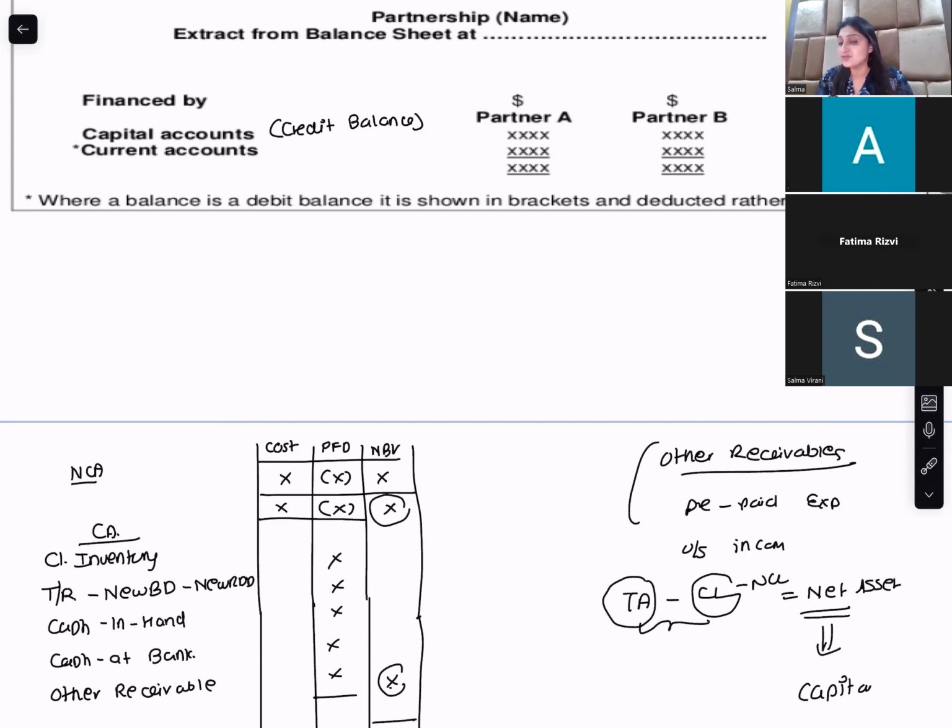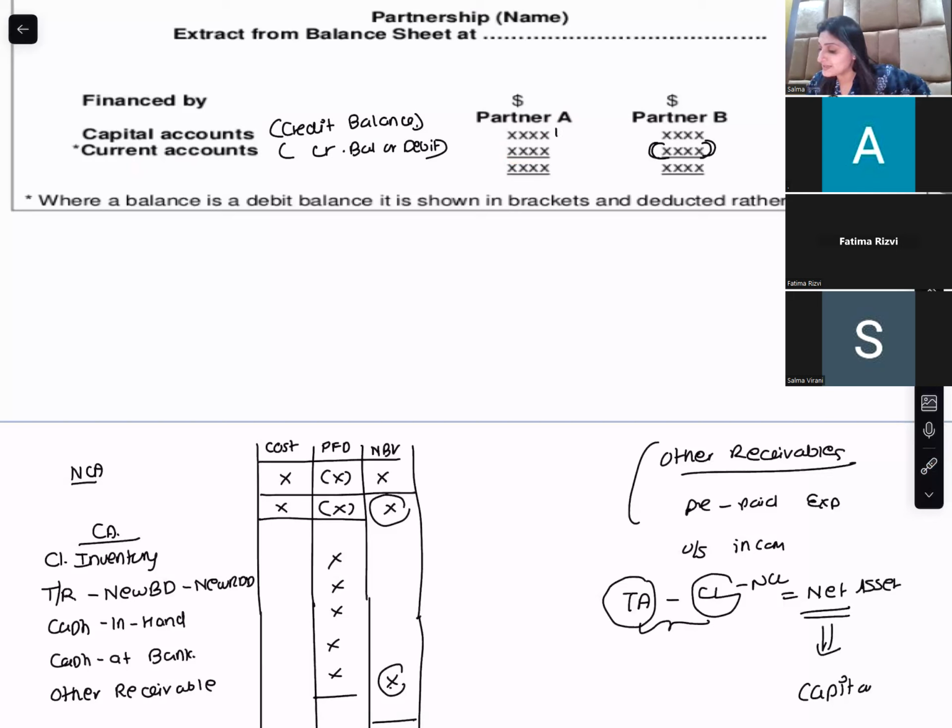If the current account has a positive balance, you will write the positive figure, same credit balance, same figure. If your current account has a debit balance, you will put this in bracket and write the amount over here.